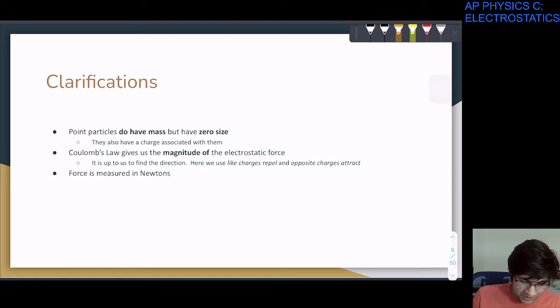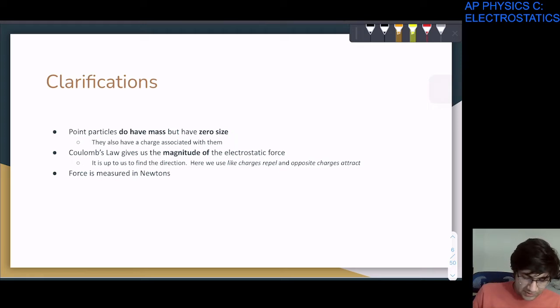Now some clarifications. Point particles do actually have mass, but they have zero size. This is kind of our assumption. What we care about, though, is the charge associated with them. So we're not going to look at any type of forces due to gravity or anything. We're only going to be caring right now about forces relating to the charge.